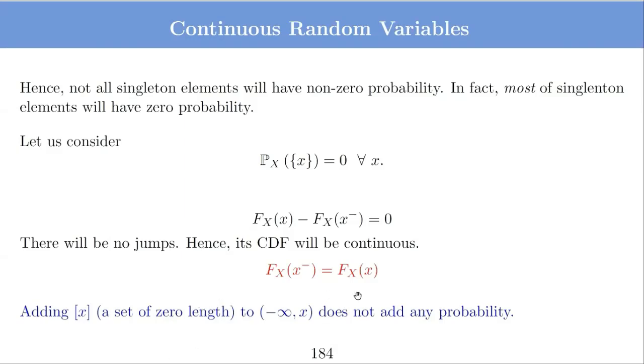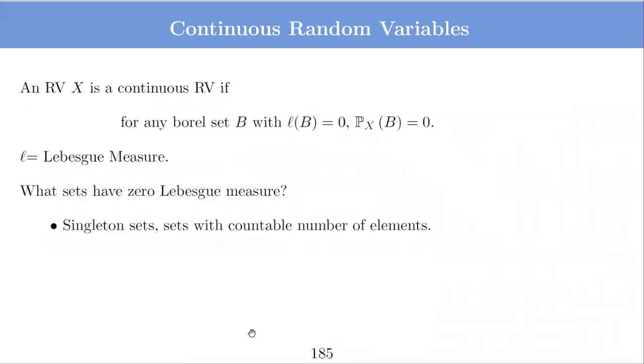What does zero length actually mean? Because we are taking a one-dimensional random variable, we talk about zero length. If we talked about other dimensions, 2 dimensions or 3 dimensions, then you would take the area or the volume. So in general, you can say Lebesgue measure. A set of zero Lebesgue measure does not add any probability. This is how we get to the definition of a continuous random variable.